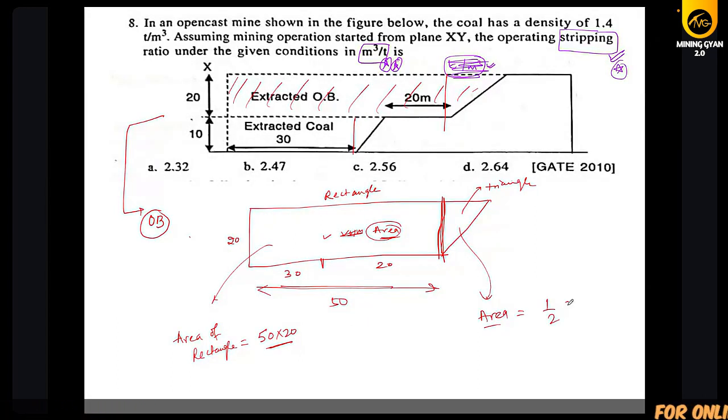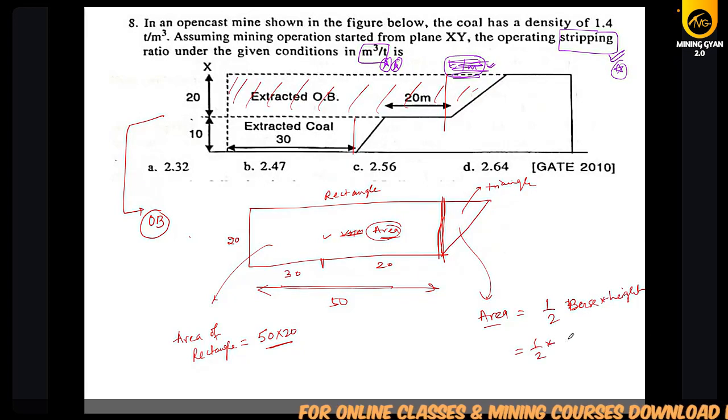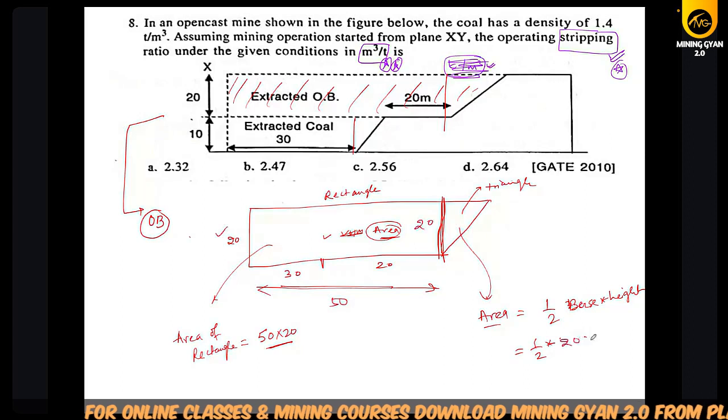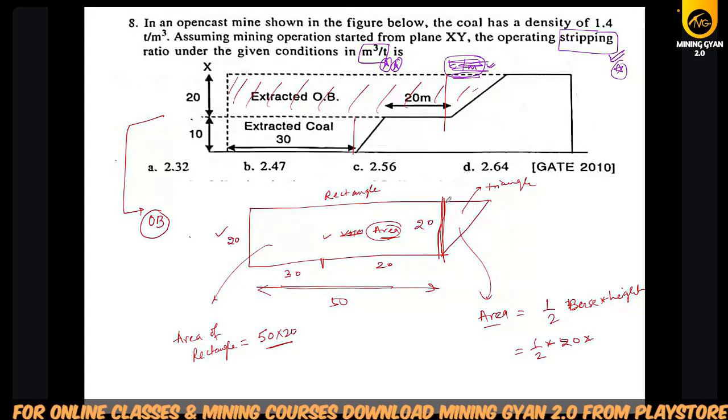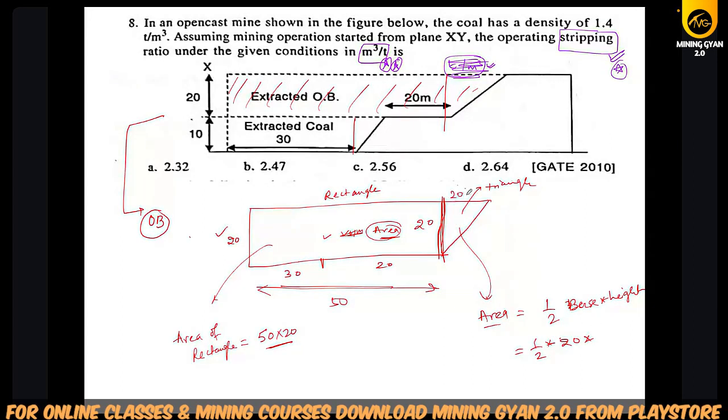So the rectangle area will be 50 multiplied by 20. And for the triangle, the area is 1 by 2, that is half, into base into height. So 1 by 2, the base is 20, and the height, if it is 20, it will also be 20. If the angle is not given, if the angle was given then we would have taken it.